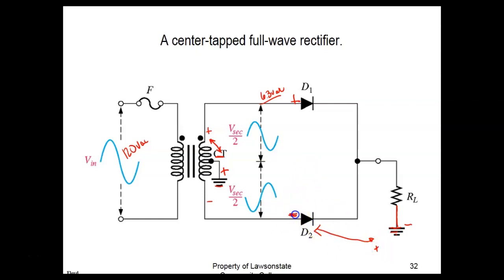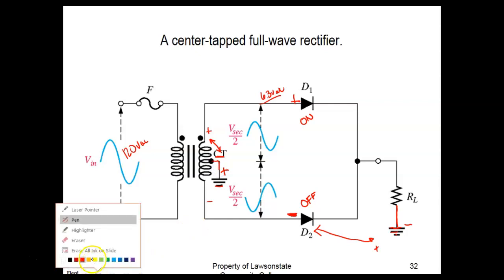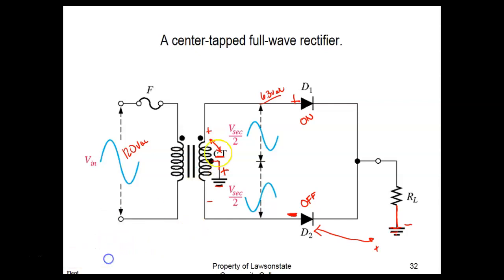So as soon as I see this minus, I know this guy right here is going to be turned off. This guy right here is going to be turned on. So this is going to let current flow out. Let me change colors. This is going to let current flow out of here through our common or our ground, back up through here. The bottom of the resistor will be negative, comes up here.